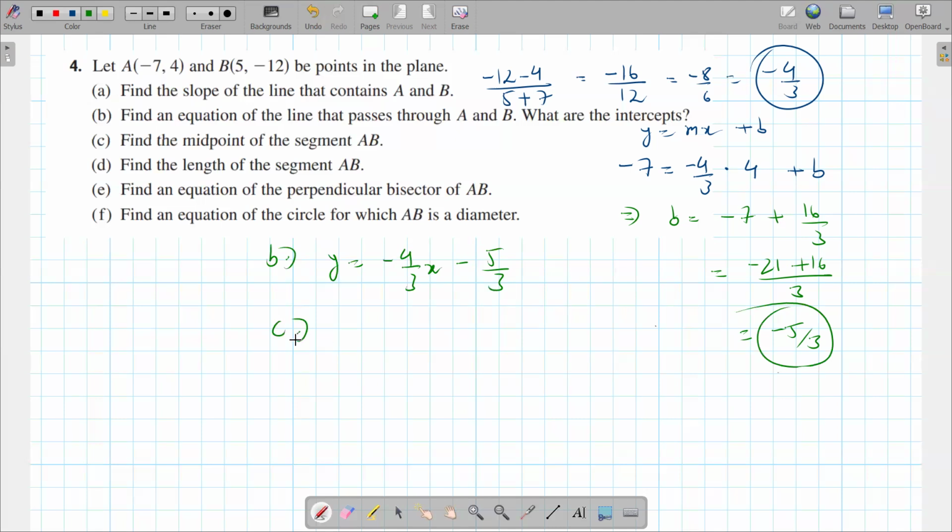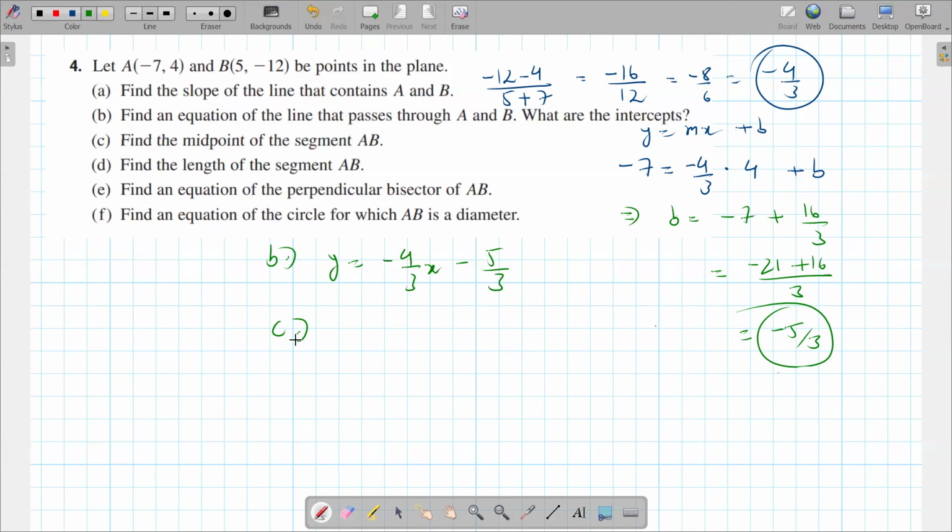segment AB. How do you find the midpoint between 2 points? You add them and divide by 2.